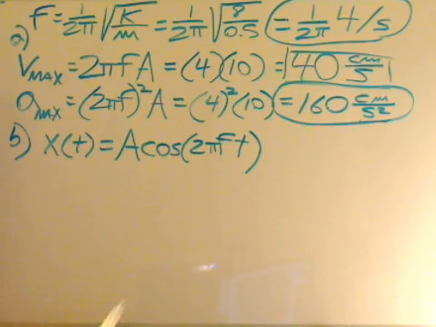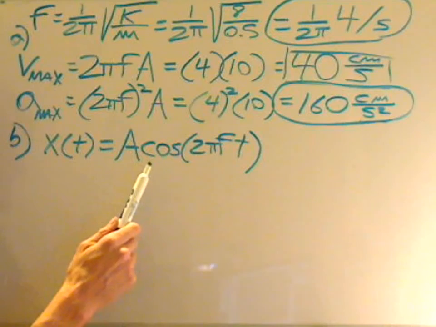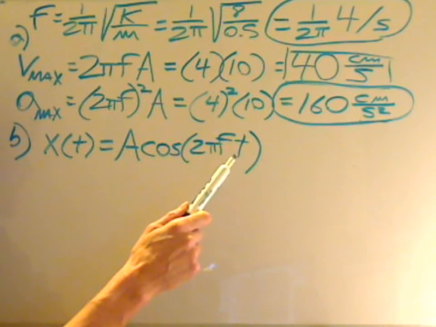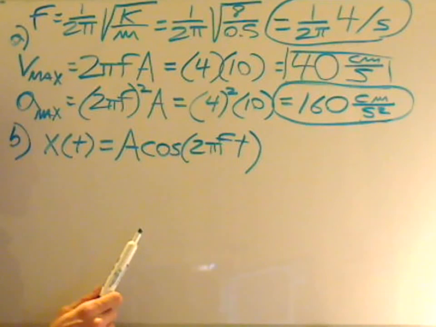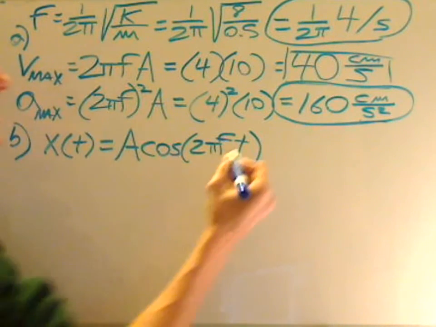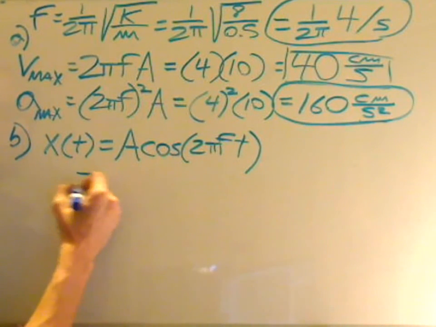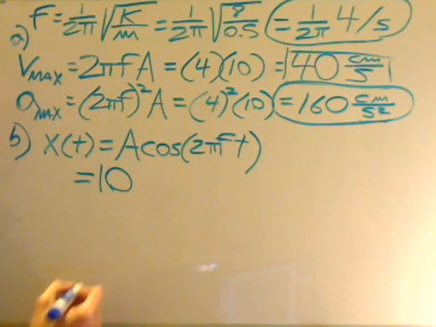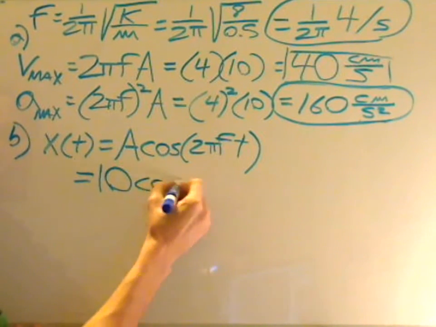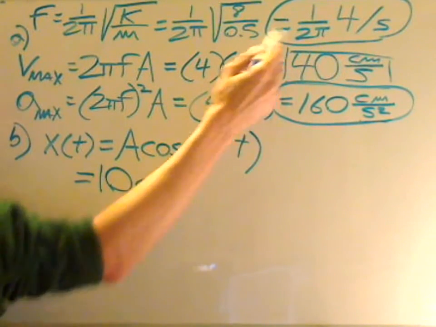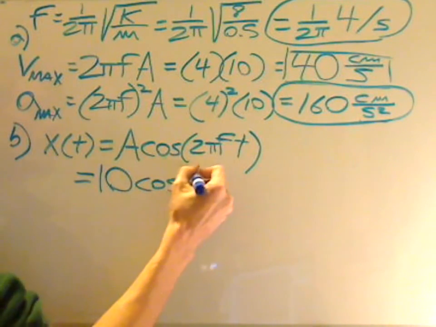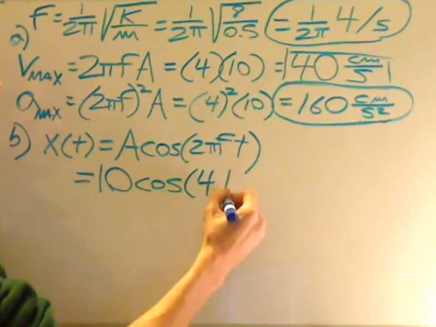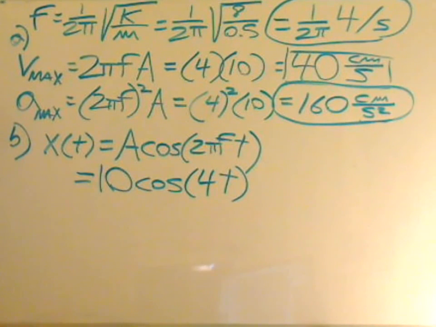We'll need to know at what time it's at x equals 6 centimeters. So the amplitude here is 10, cosine of 2 pi times f. So 2 pi times this whole thing gives you 4t. Okay, that's our function of x versus time.